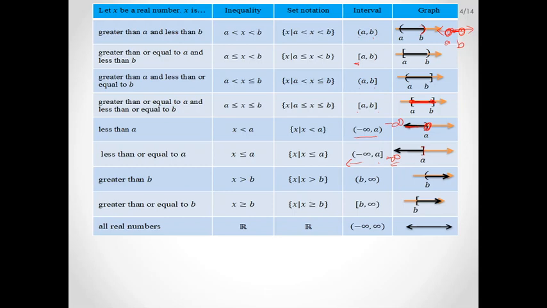And if this goes this way and there's no end, it's positive infinity. And if we have no limit on the right side and the left side, we use negative infinity to infinity. This is the biggest interval we have, and it is telling us the whole real line, and the set can be given as this interval or we say the set of all real numbers.